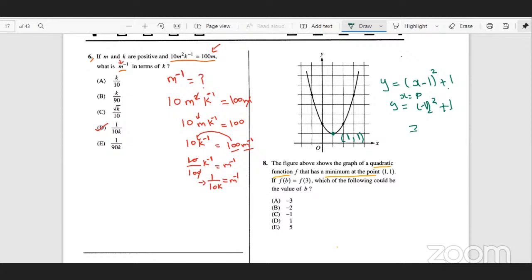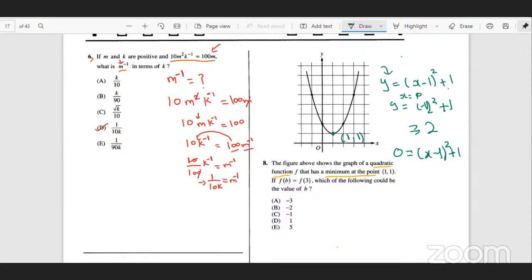That is 2. And when y is 0, we are going to get this part, right?